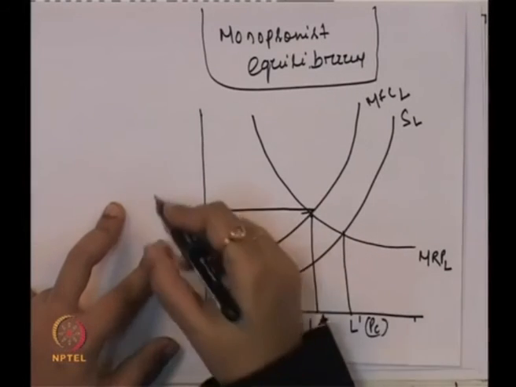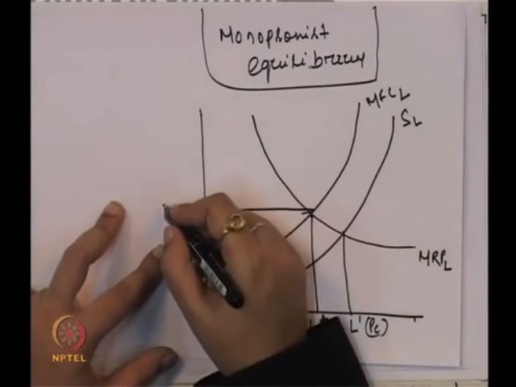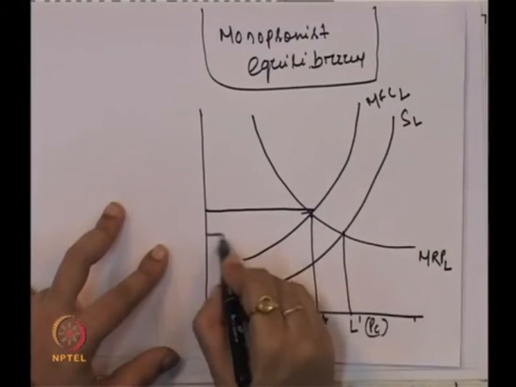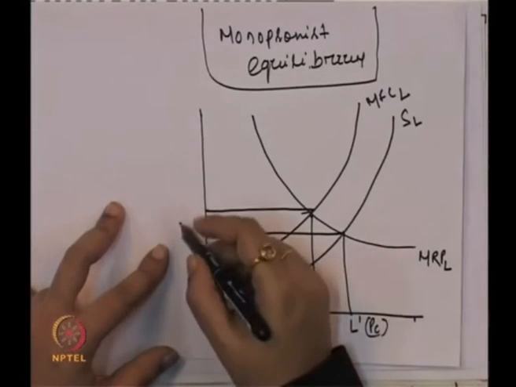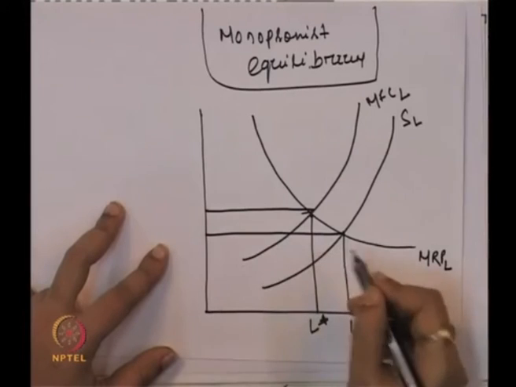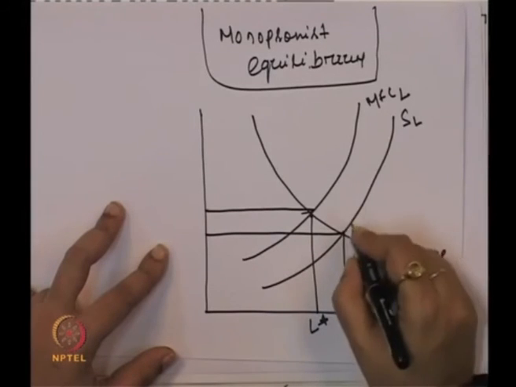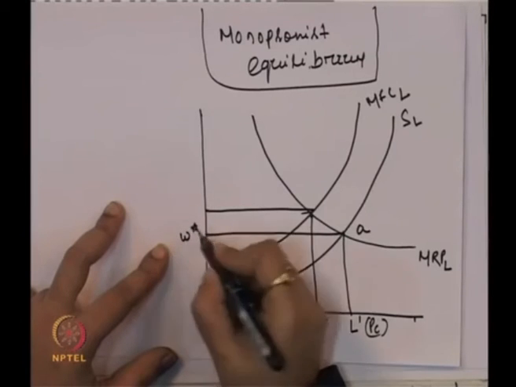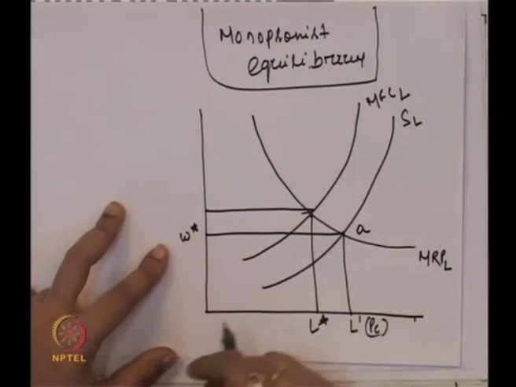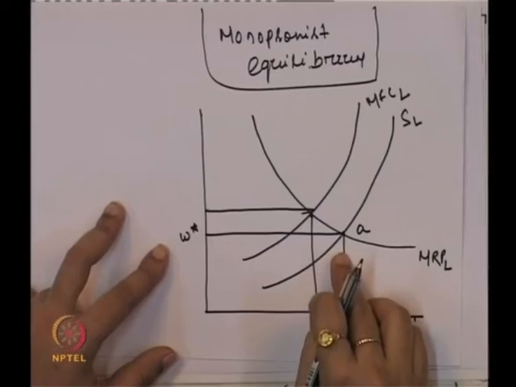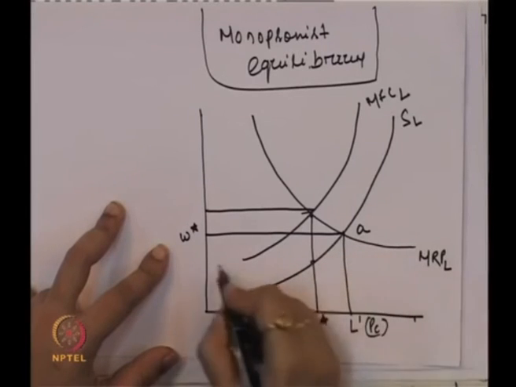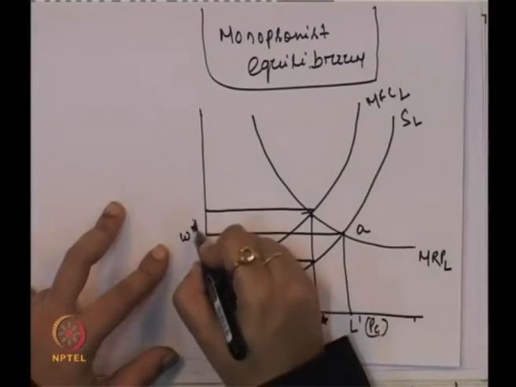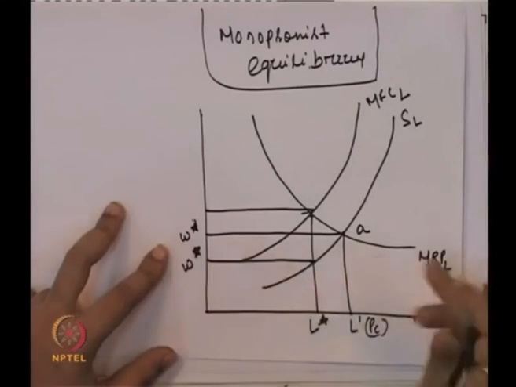We get a wage rate with respect to A, that is W dash, and this is W star.